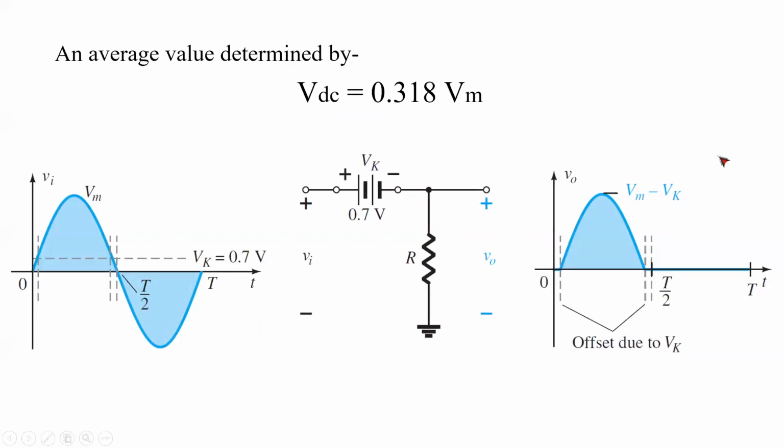Now your highest value is Vm minus Vk. So what will be your formula? Your formula is 0.318 times (Vm minus Vk). And what is Vk? Vk is 0.7, 0.3, or 1.2, depending on the diode you are using.